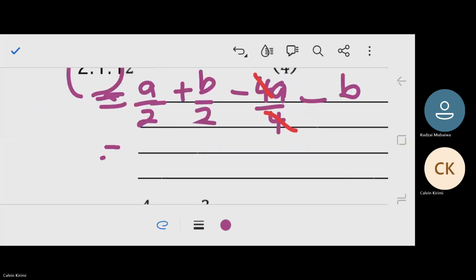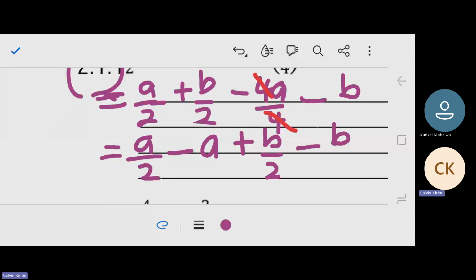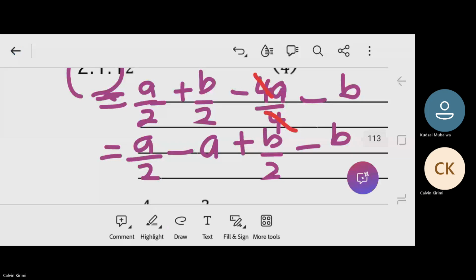Equals to A over 2 minus A plus B over 2 minus B. Can you see that? Yes, sir.